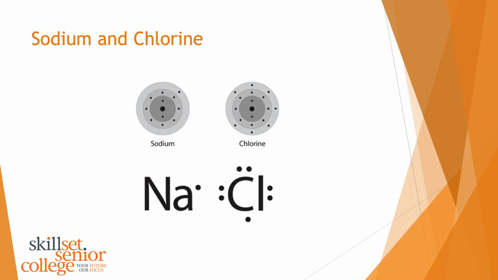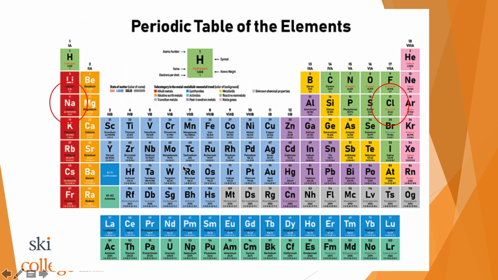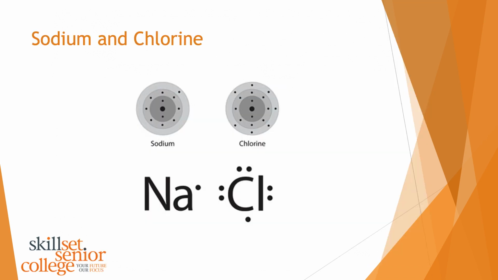So we could draw it out like this, which, you know, is going to take a long time, but we can do that anyway. So let's just go back and check again. 11 sodium, so it has 11 protons, 11 neutrons, and 11 electrons. Let's just double check. 1, 2, 3, 4, 5, 6, 7, 8, 9, 10, 11. Okay, that makes sense.